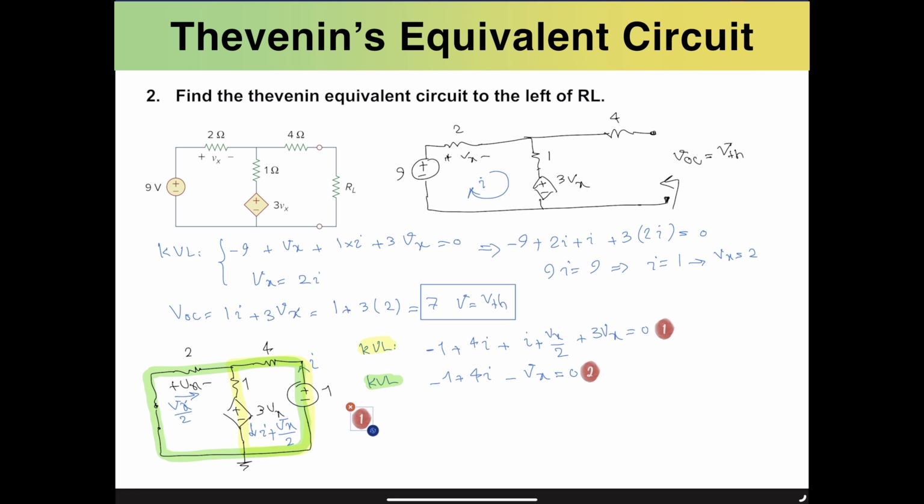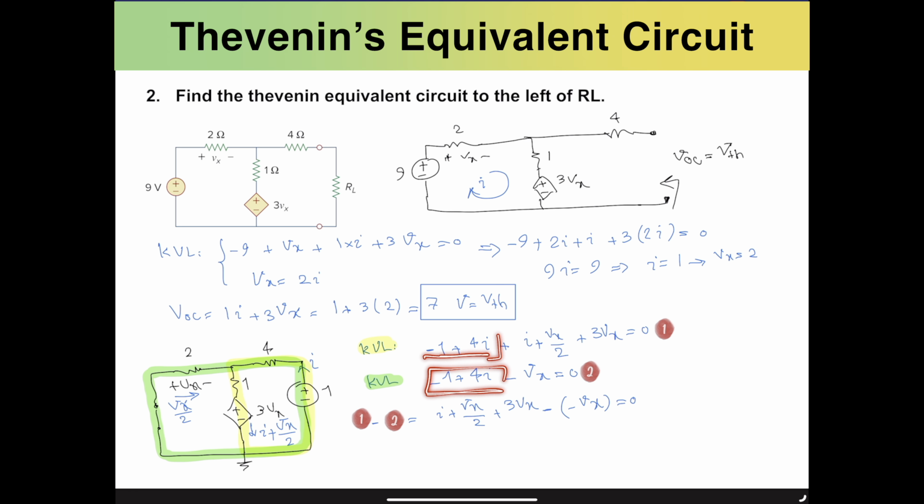So if we subtract equation 1 and 2 from each other, that would be equal to I plus Vx over 2 plus 3Vx from equation 1 minus, from equation 2, minus Vx equals 0.